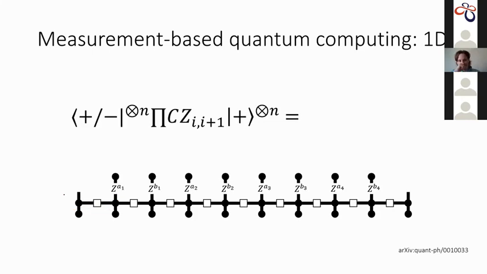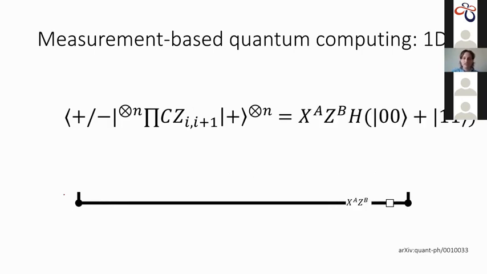Okay, so if we measure in this plus basis, which is represented by a bunch more of these dots, and then the Z to account for whether you get a plus or minus outcome, what you're left with is some maximally entangled state on the end spins with a Hadamard implemented on it, up to some Pauli correction.